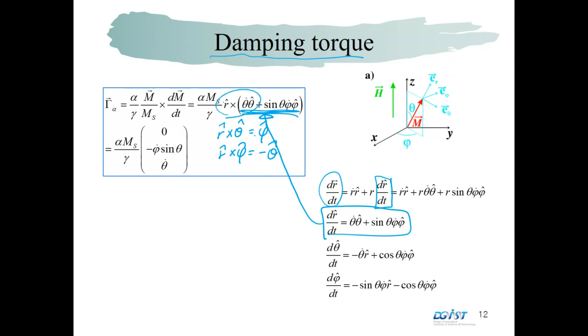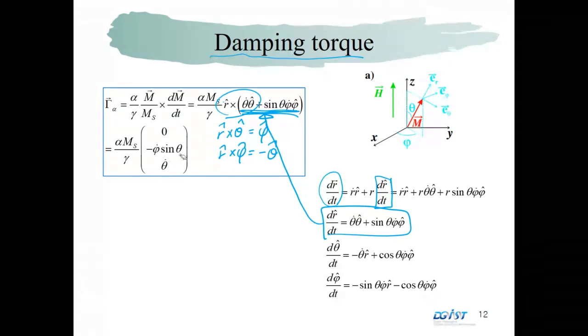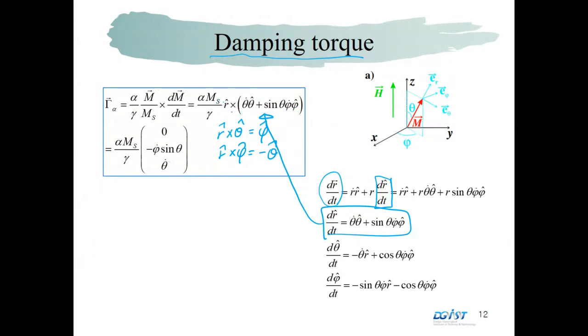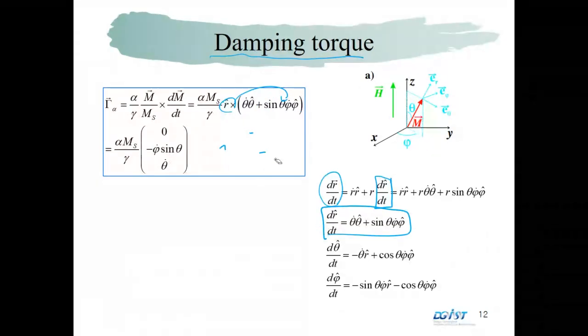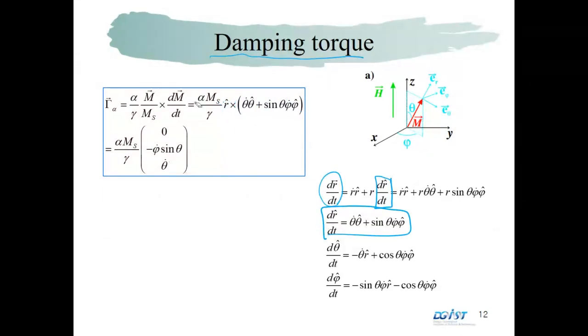This term gives a phi component with theta dot, and this term gives us minus theta hat, so we have a minus phi dot sine theta here. So finally, we can obtain the torque because of this damping term in this polar coordinate system.